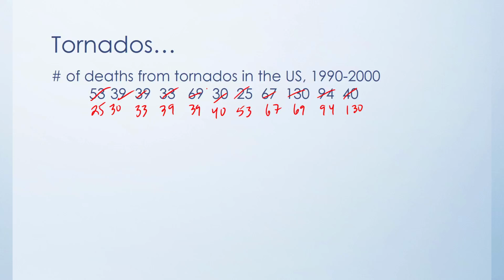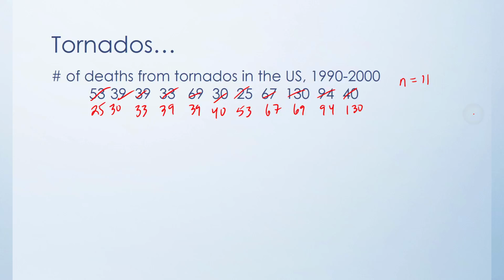And so now that we've put these in order, we're looking at that 130 and we're saying, is that an outlier or not? Okay, so first we look at this and we say, okay, we have a sample size of 2, 3, 4, 5, 6, 7, 8, 9, 10, 11 data values.